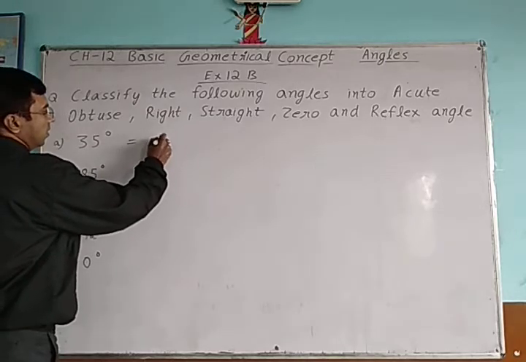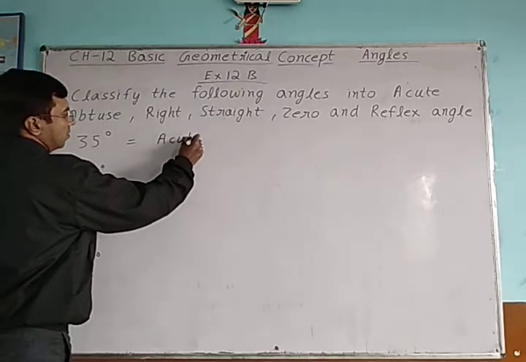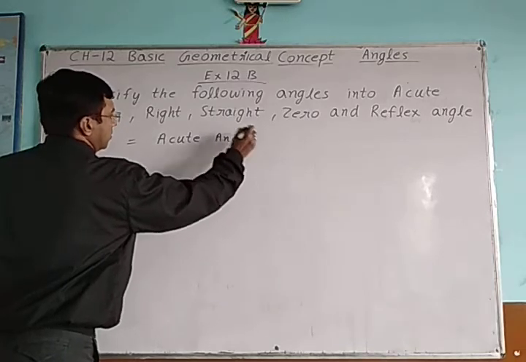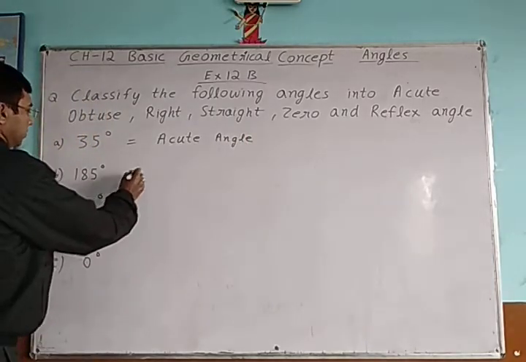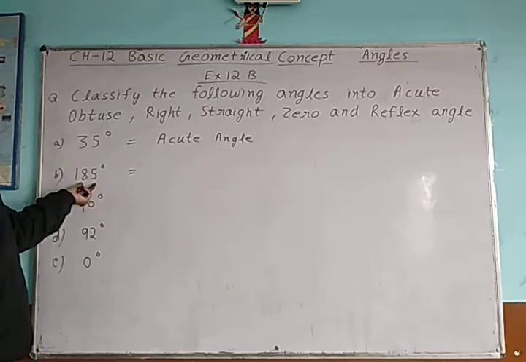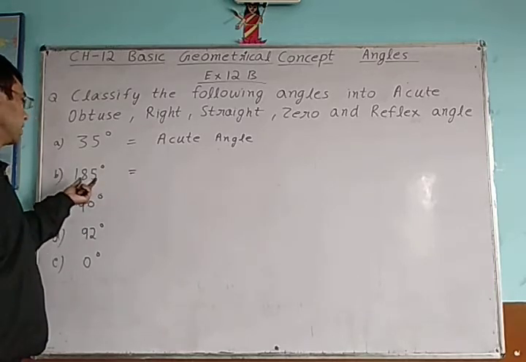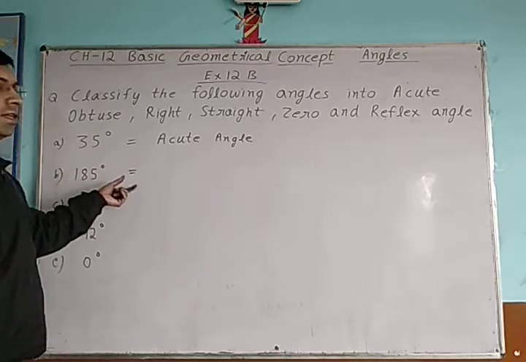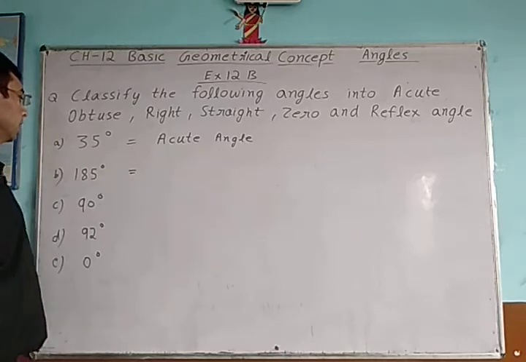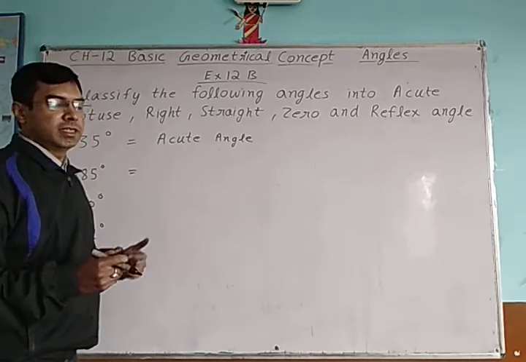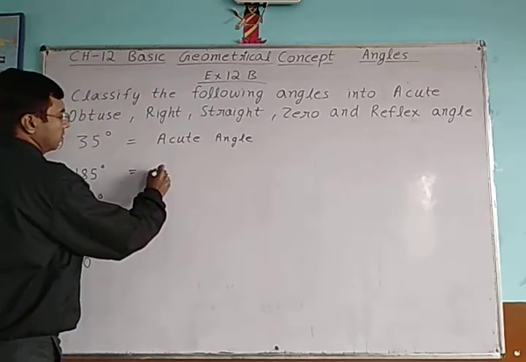It is acute angle. 185 degree. Clear? 180 degree is what? Straight angle. It is more than 180 degree. So it is what? It is reflex angle. Clear? Angle more than 180 degree and less than 360 degree, it is reflex angle.